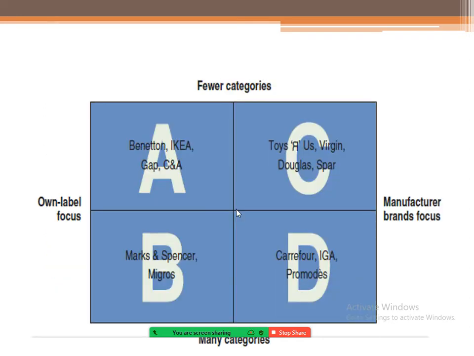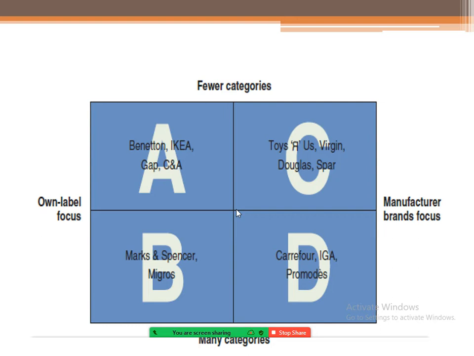Now we'll see a few categories like this. This figure shows a matrix based on a scheme for classifying global retailers. There are a few categories on the horizontal axis, top and bottom, and from left hand side and right hand side we have own label focus and manufacturer brand focus.